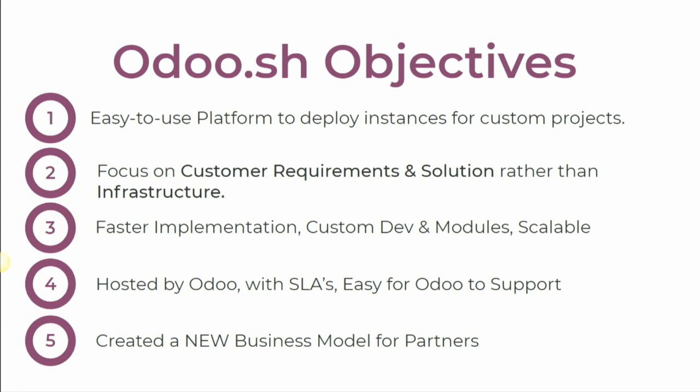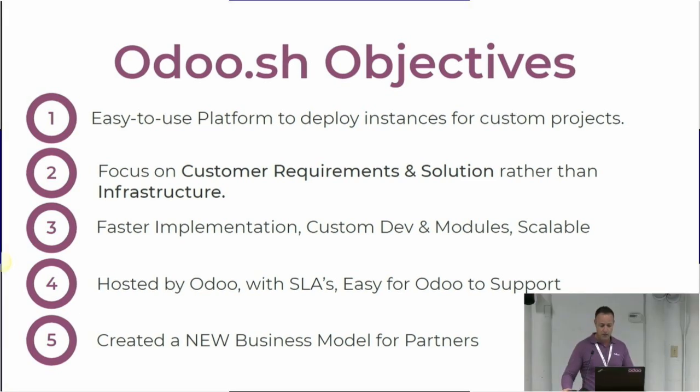Our objective with Odoo.sh is to roll out an easy-to-use platform to deploy instances for custom projects, focusing on the customer's requirements and solution rather than the infrastructure. It's a faster implementation, with custom development modules, and it's scalable. In other words, if you start with X amount of workers or resources, and throughout the year as your company grows, we have mechanisms that will say, we recommend that you use more workers or more gigabytes on your database.